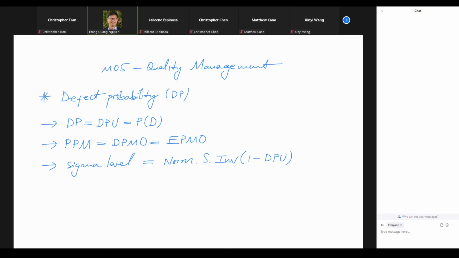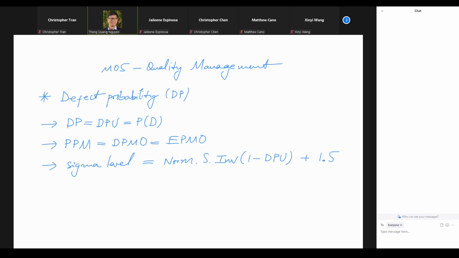DPU or DP or PFD, they're all the same. So it's just 1 minus the percentage of errors or percentage of defects, as a number. And then after we get that number, we add 1.5 separately, right? This dot right here is to make it bigger. So that's the equation of the sigma level.